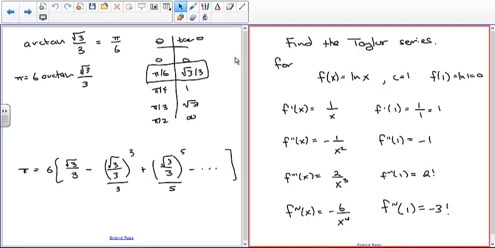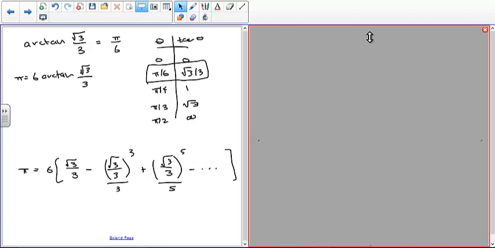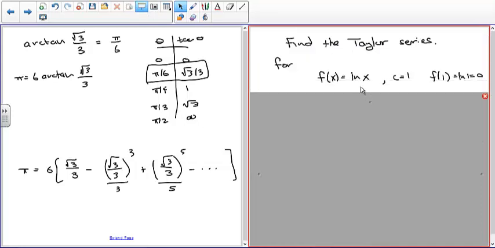So here's an example of deriving it for the natural log of x. Just let me cover this up here so we don't go too fast ahead. So the function is the natural log of x. We want to center it around x equals 1. We can evaluate the function at x equals 1, which is the natural log of 1, which is 0.